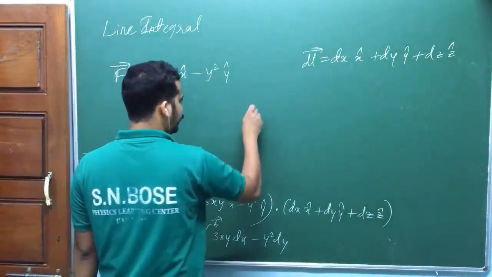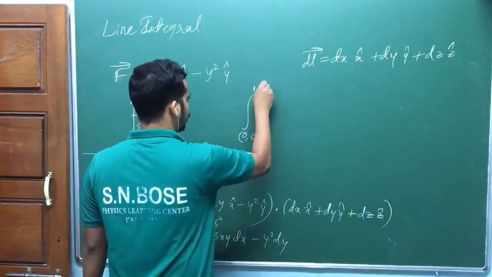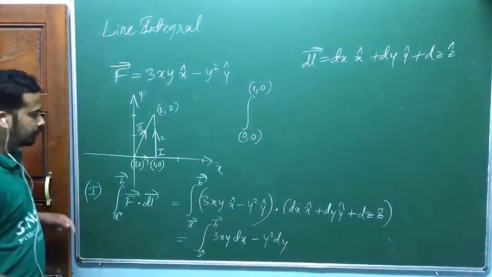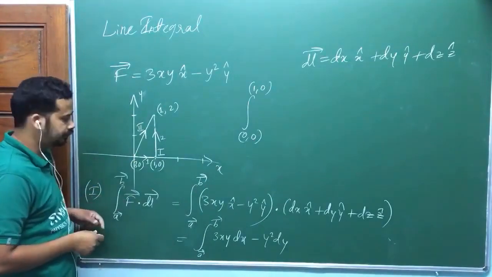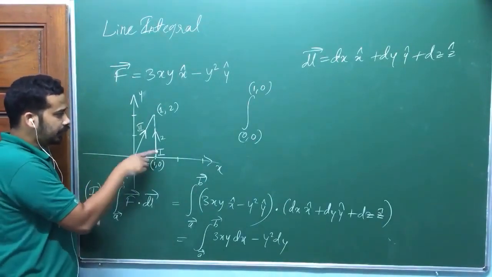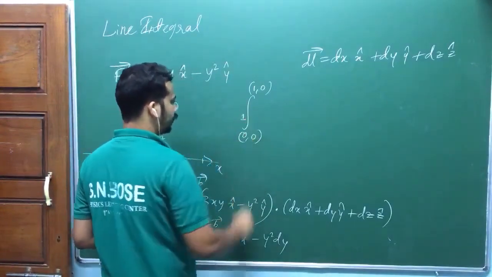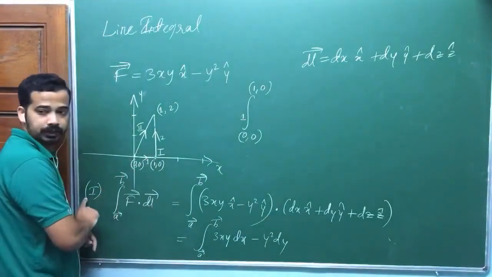Now from (0, 0) to (1, 0), from here to here along a straight line, okay? Now look here. This is a line along the x-axis, isn't it? Along this path, this is the first part of the first total path, okay?